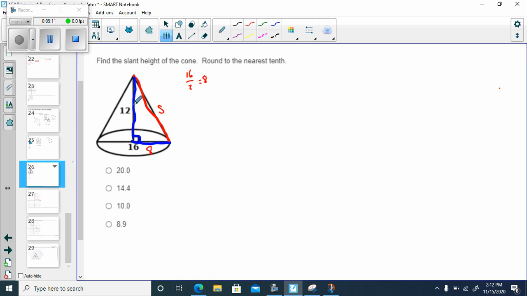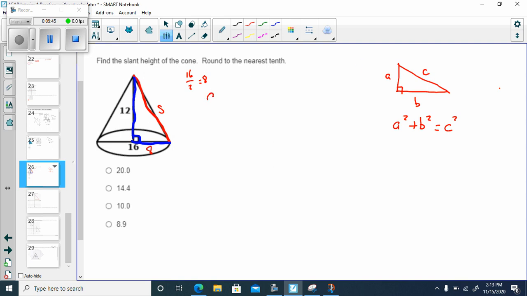So now I'm looking for this side, and I can use the Pythagorean Theorem because I'm looking for a side of a right triangle. Our formula sheet on Pythagorean Theorem shows you that you've got C, A, and B. C is across from the right angle, and Pythagorean Theorem can be used to find any side in a right triangle using A squared plus B squared is equal to C squared, where C is the hypotenuse across from the right angle.